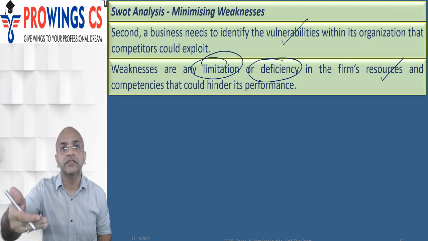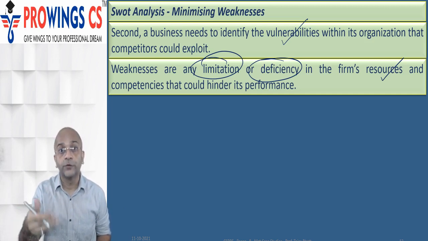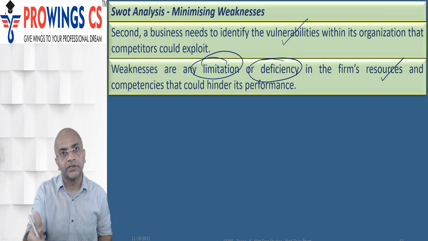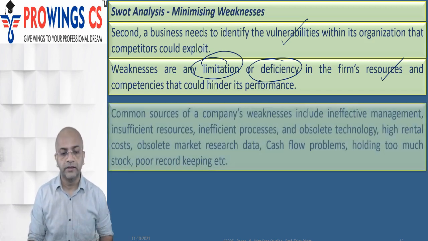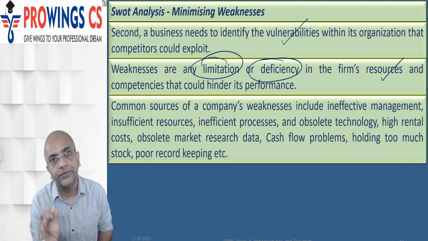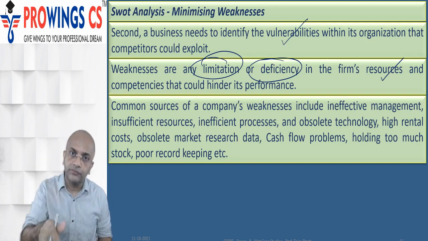But if you find out the weakness and start working on it, we can convert those weaknesses into strengths and move on. And understand well, everyone will have weaknesses. Everyone actually does have weaknesses.